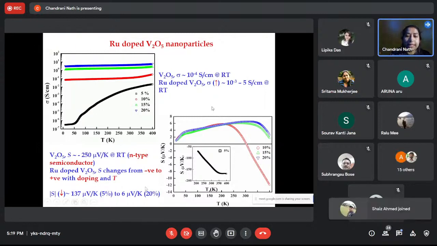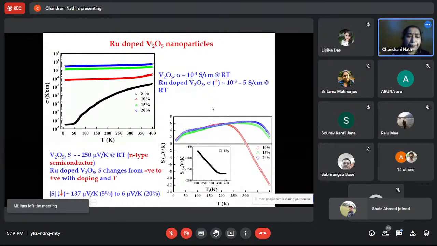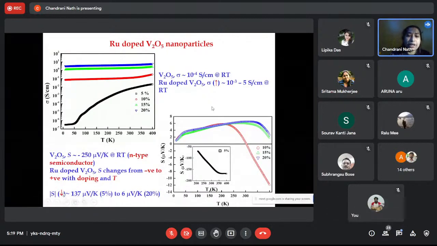But as I've already said, if you increase the carrier concentration to increase the electrical conductivity, S will considerably reduce. This is what's happening here.